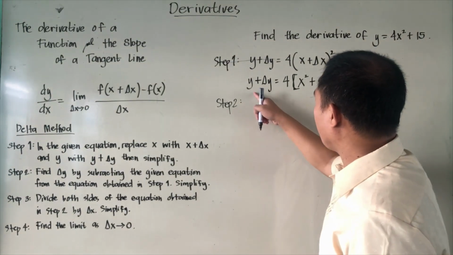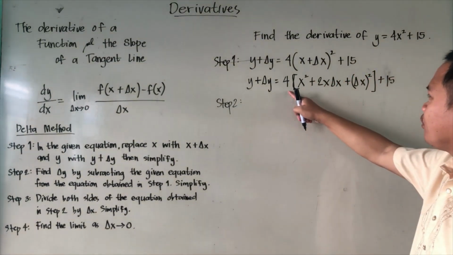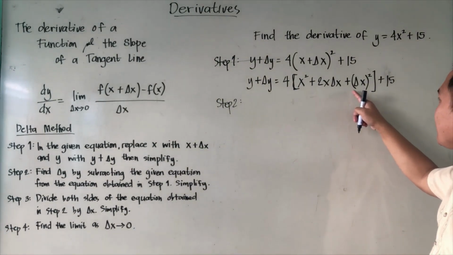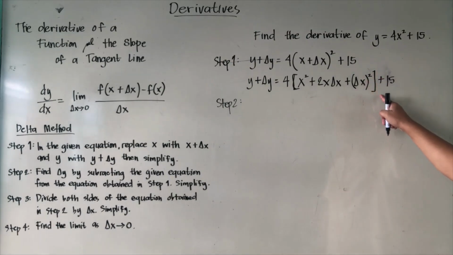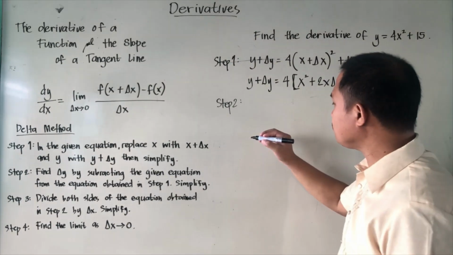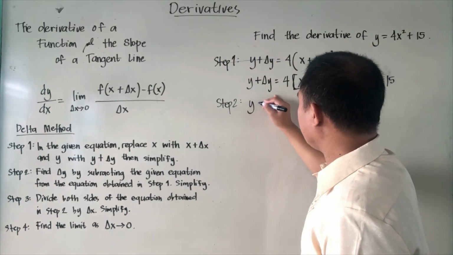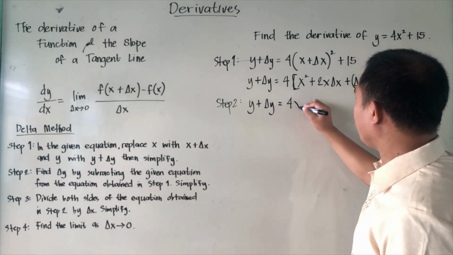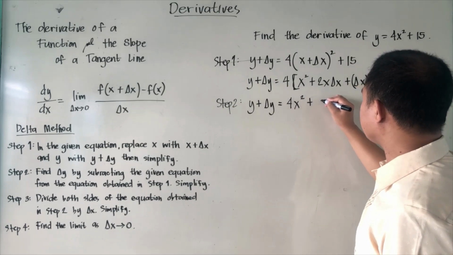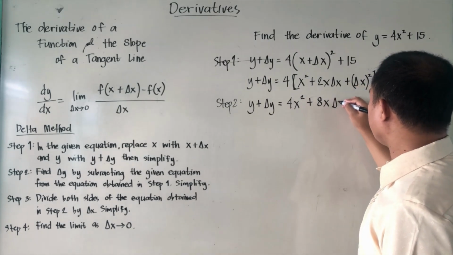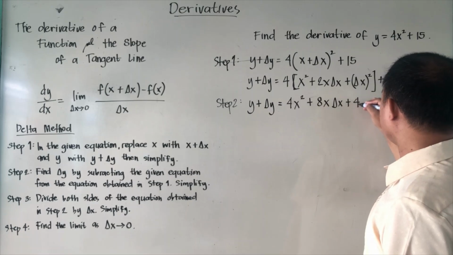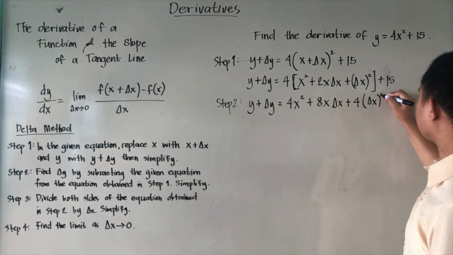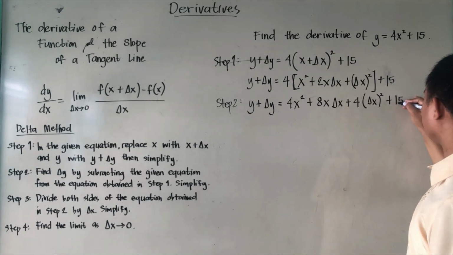So we have y plus delta y is equal to 4 times the quantity x squared plus 2x delta x plus delta x squared plus 15. So we have y plus delta y is equal to 4x squared plus 8x delta x plus 4 times delta x squared plus 15.